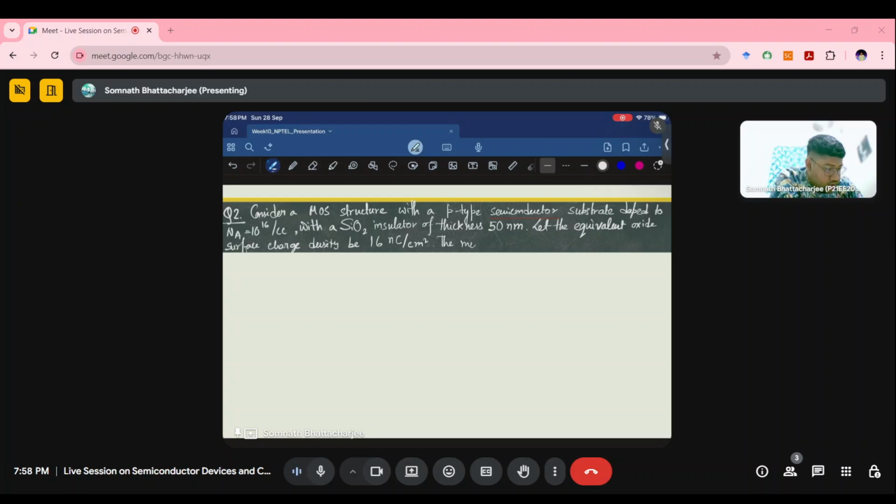The metal semiconductor work function difference is minus 0.8 volts. We need to calculate the value of flat band voltage.